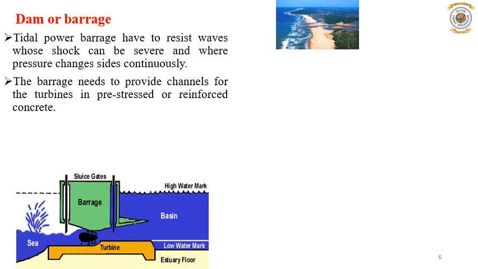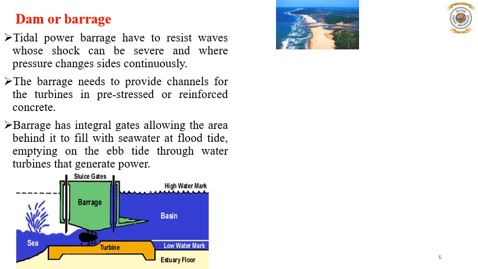The barrage needs to provide channels for the turbines in pre-stressed or reinforced concrete. The barrage has integral gates allowing the area behind it to fill with seawater at flood tide, emptying on the ebb tide through water turbines that generate power.